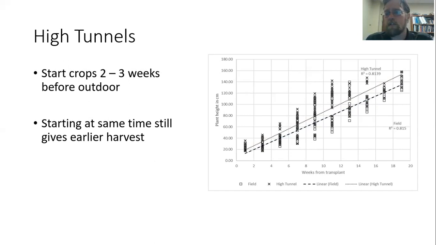So as you see on the chart here on this slide, the plants in this study were planted at the same time. That higher dotted line shows the growth of plants inside the high tunnel. Lower sort of dashed line shows the growth of plants out in the field. You can see the increased growth that we get because of those increased temperatures inside of a high tunnel.